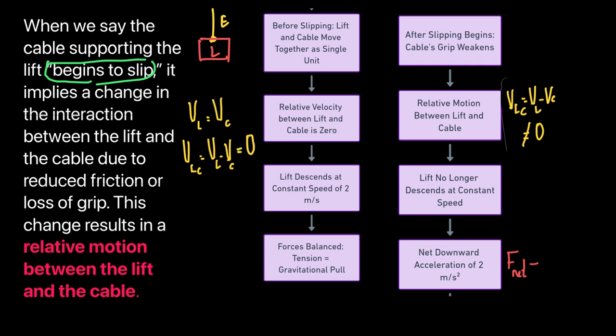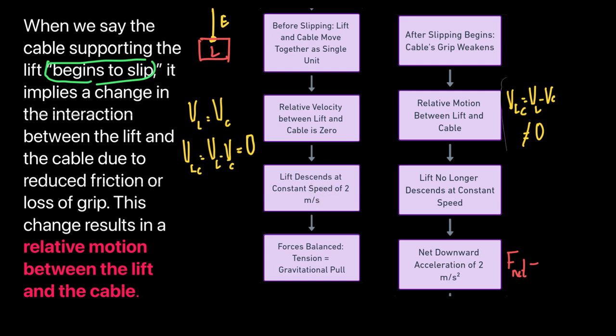However, after slipping, relative motion comes into the picture, which means the lift and the cable are now traveling at two different speeds, and therefore the velocity of lift with respect to cable is not equal to 0. Before slipping, the lift was descending at a constant speed.